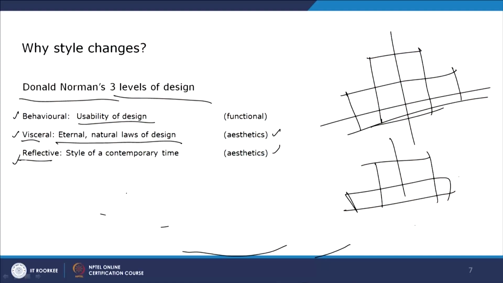So this is one particular thing which does not change throughout the styles, but there is one component of the visual aesthetics which changes when the style changes. That is what is called the reflective quality of the style. So the style of a contemporary time changes the perception of beauty.